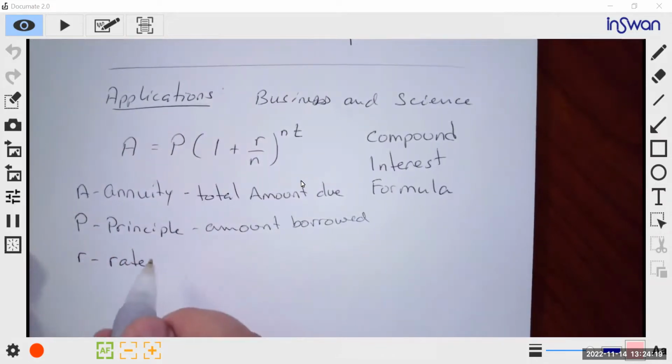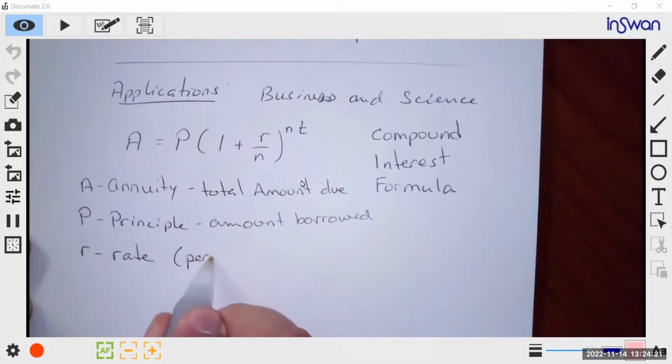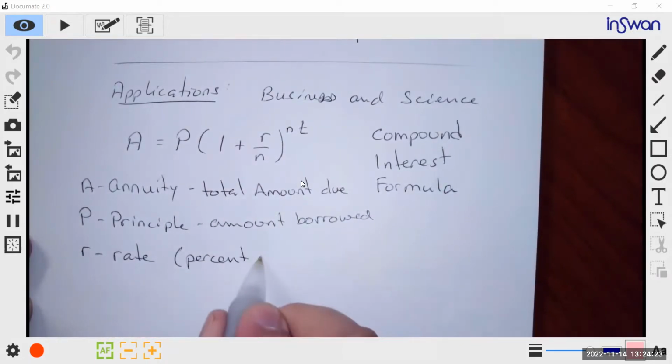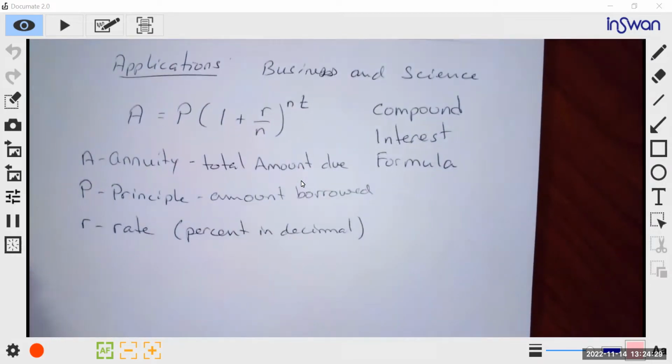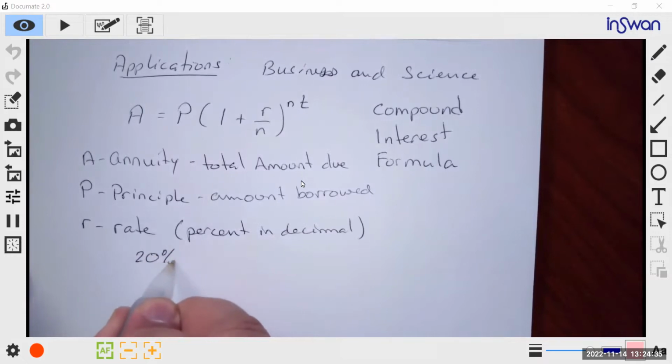R is the rate. It's the percent in decimal. In other words, if you borrowed at 20%, that becomes 0.20.